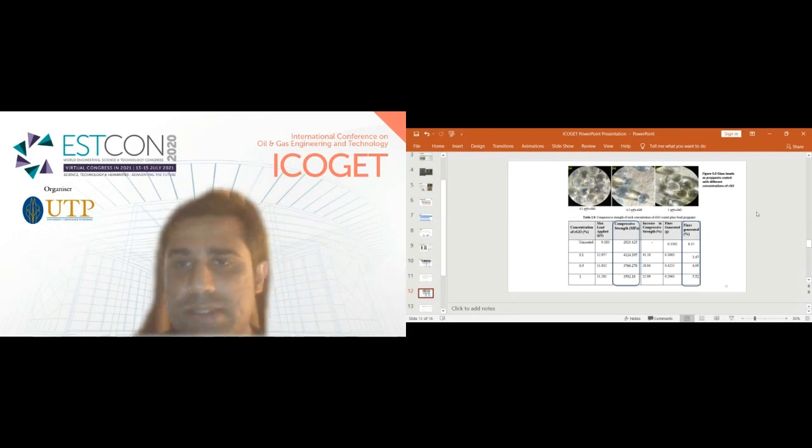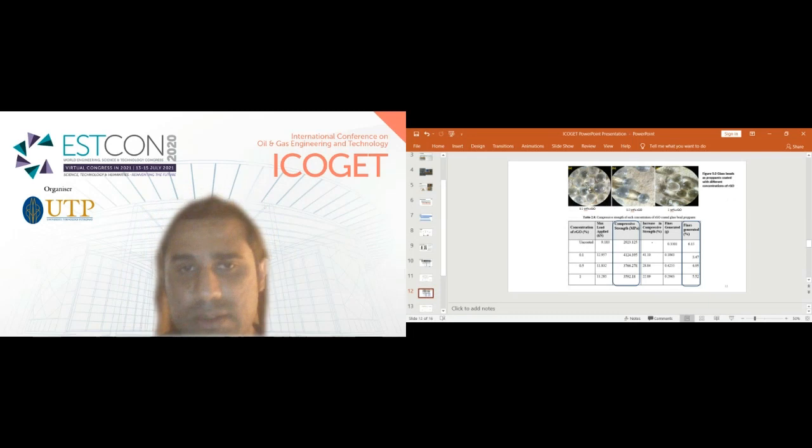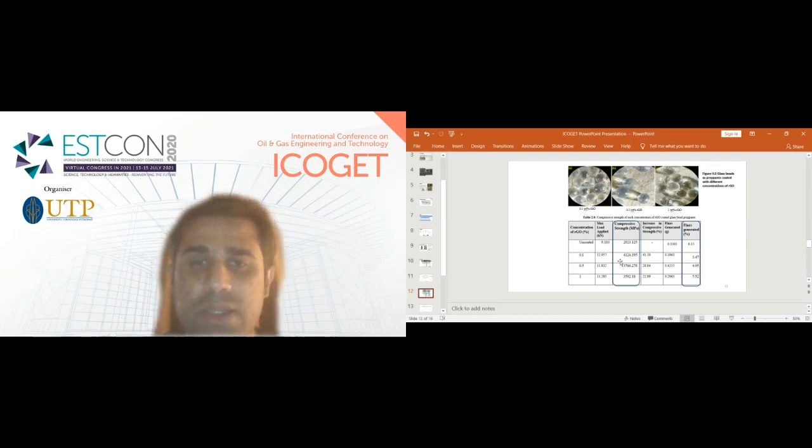Now coming towards the results of the propellant coated by graphene oxide. Similarly, here we can see that we have the glass bead propellant coated with 3 concentrations of graphene oxide, 0.1, 0.5 and 1 weight%. Now coming towards the crush test analysis, here we can see that when the concentration of the graphene oxide is increased from uncoated to 0.1 weight%, we see an increase in the compressive strength.